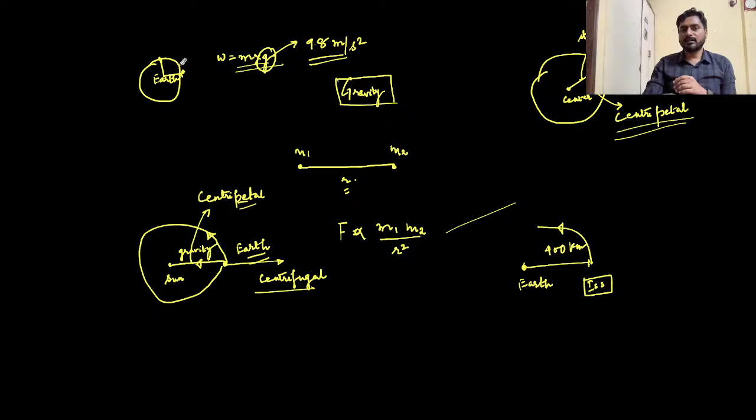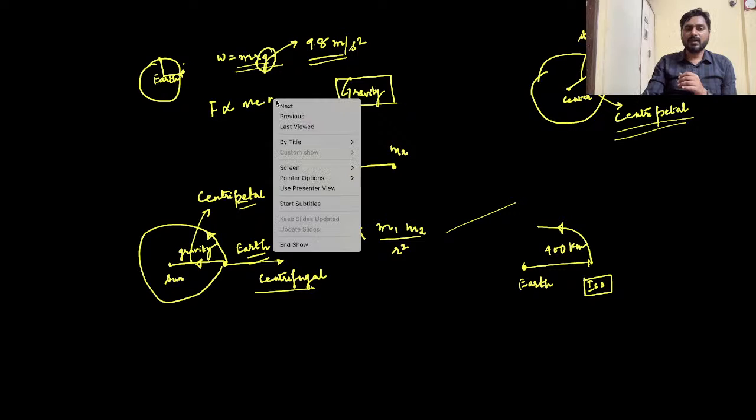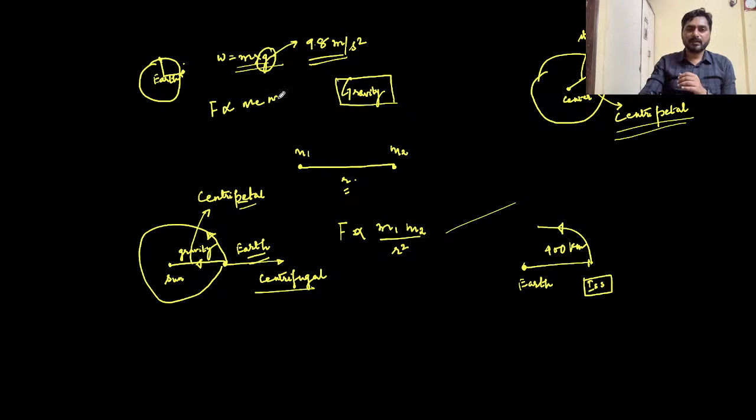Why is it not the same value? Just by using that formula, force of gravity is proportional to mass of earth times mass of, let us say, an individual, divided by the radius of earth squared.